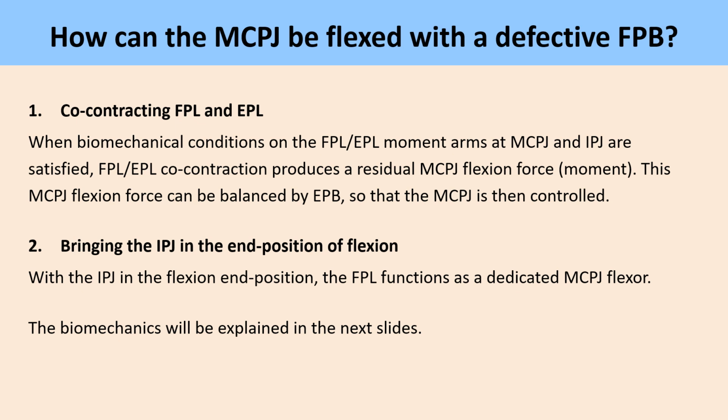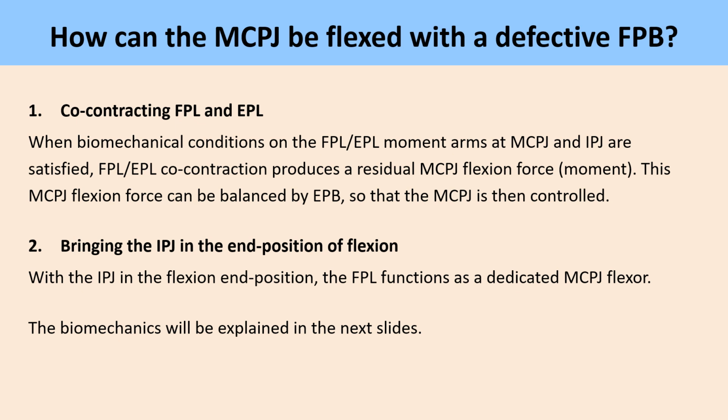One possibility is co-contracting the FPL and EPL. When biomechanical conditions on the flexor pollicis longus and extensor pollicis longus moment arms at the MCP and IP joints are satisfied, then FPL-EPL co-contractions produce a residual MCP joint flexion force or moment.